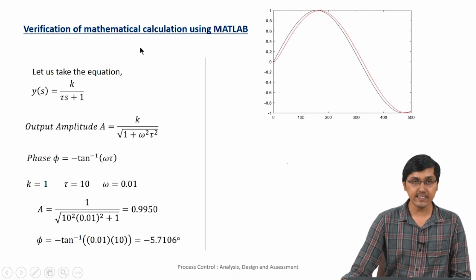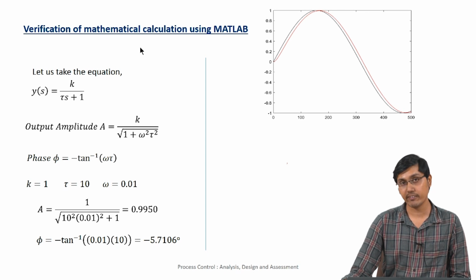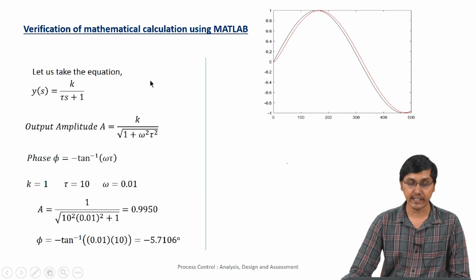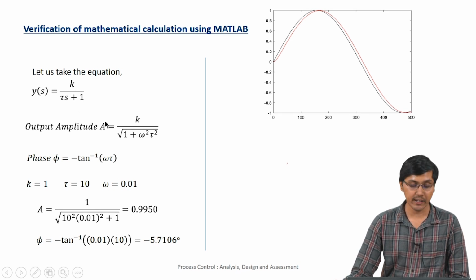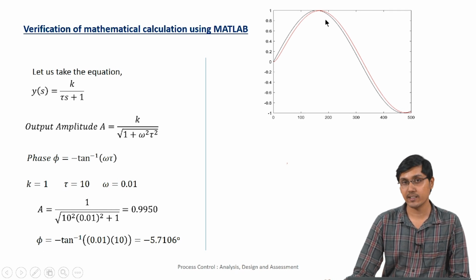So we have written some mathematical formulas for the amplitude and the phase, but we can actually verify them using a MATLAB simulation. That's what we are trying to do here. We take some arbitrary values for k, tau and omega, simulate it in MATLAB, find the values of a and phi, and then see from the graph whether it is approximately true.